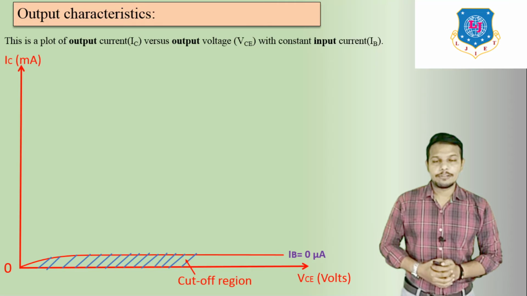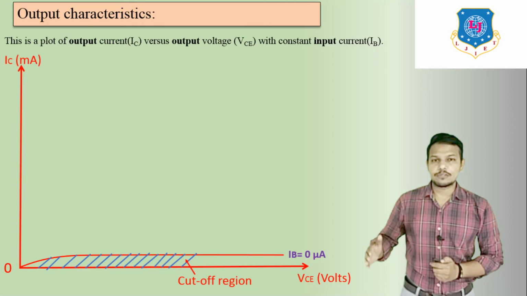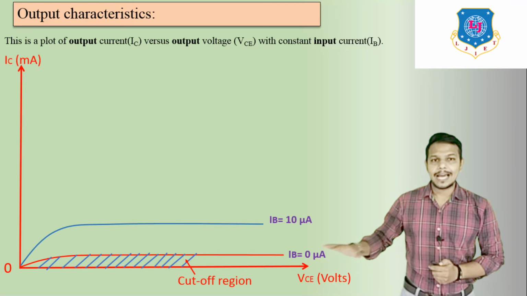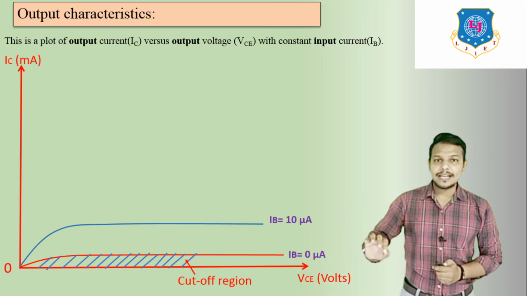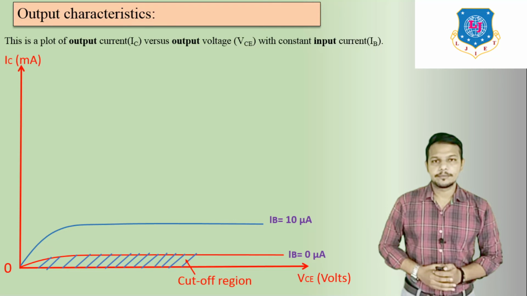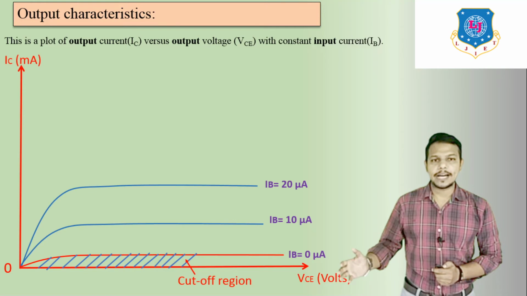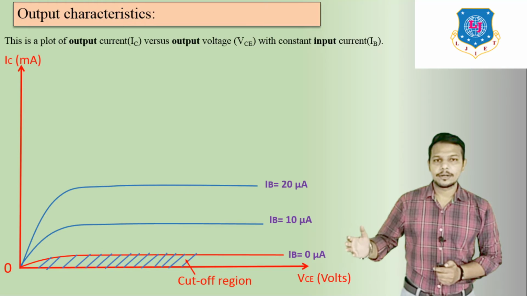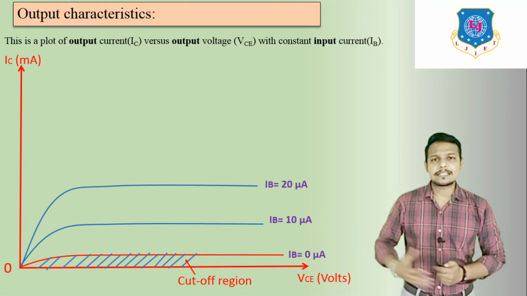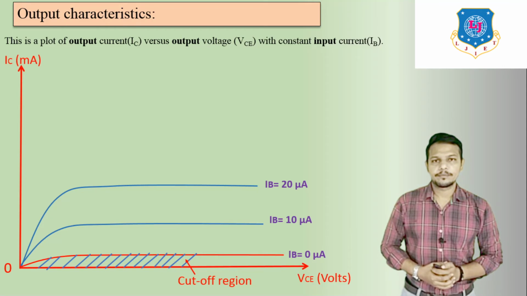But here we can see at a fixed value of VCE, if you change the base current's value, then you will get different values of IC. Here IB is equal to 10 microampere. At this time your IC is equal to 1 milliampere.